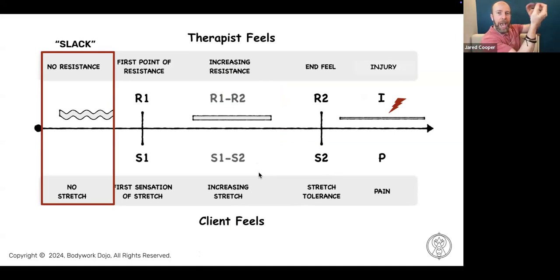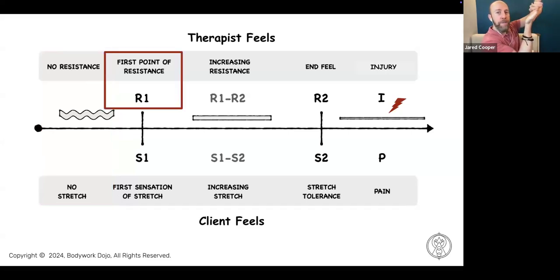Slack, nothing. As you bend your wrist and fingers backwards, you will get to a point of first resistance where this hand, the therapist hand, just begins to feel resistance. So in my forearm, you can try this now with me. Right there. It's like I take the slack out of the tissue.